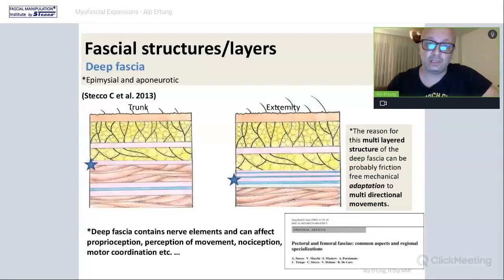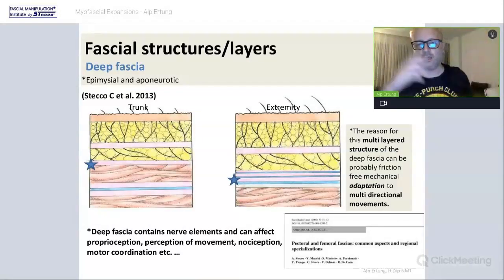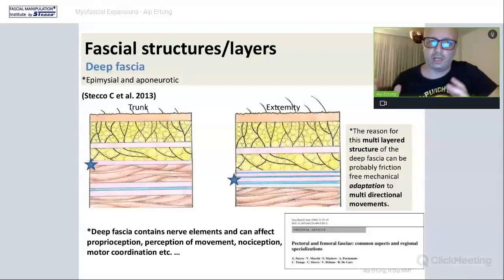In the extremities, especially in the upper extremity, we have a very different type of movements, more than the lower extremity. The aponeurotic fascia is a multi-layered structure. The reason for this multi-layered structure of the deep fascia can probably be friction-free mechanical adaptation to multi-directional movements.